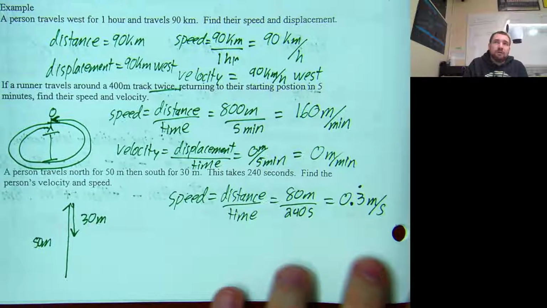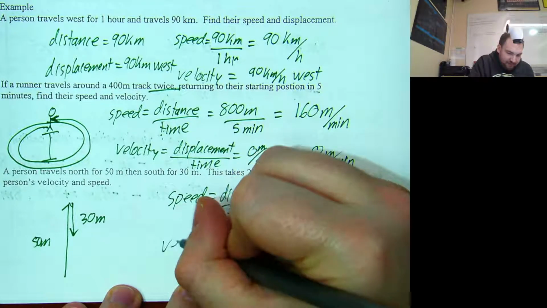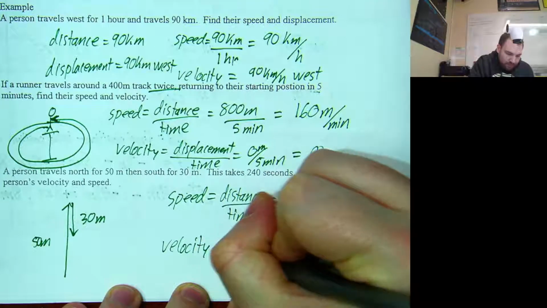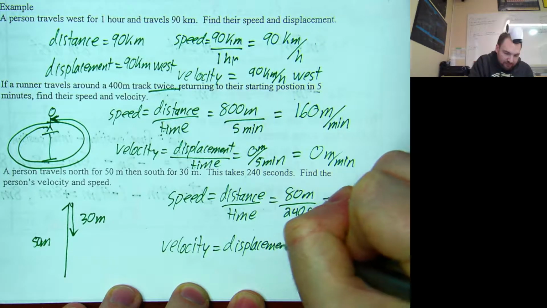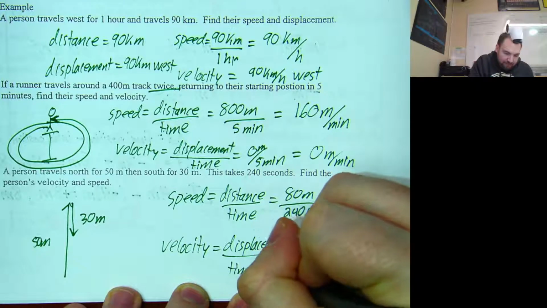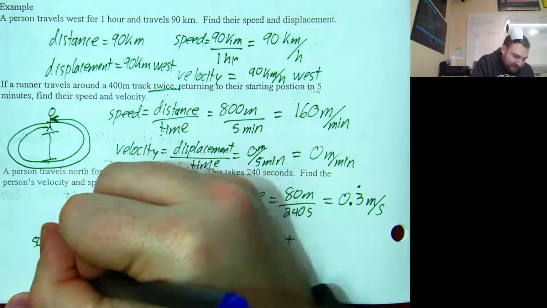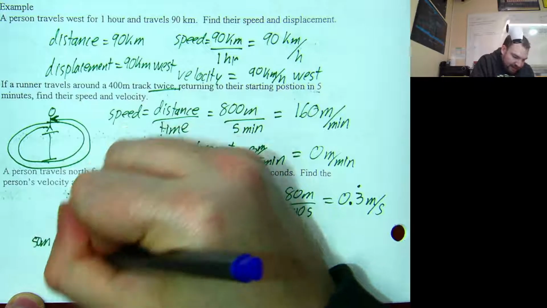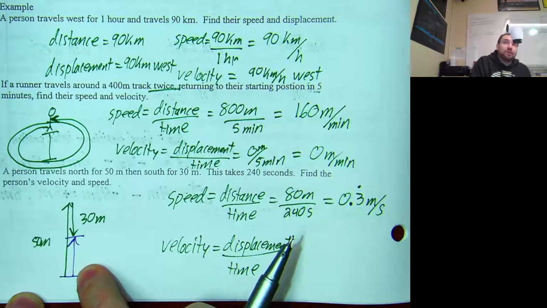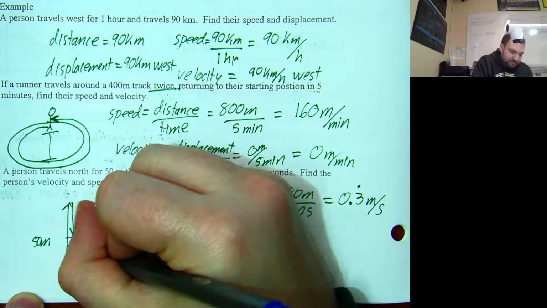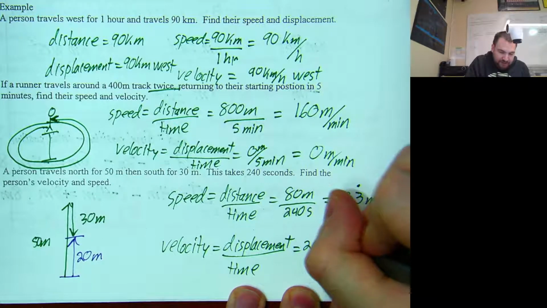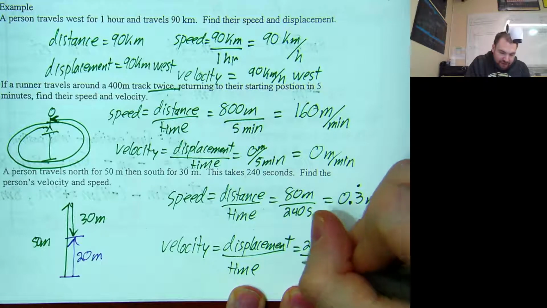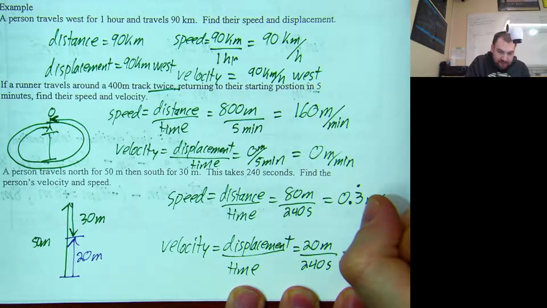Okay, that's cool. How about velocity? Velocity is displacement over time. Now this person was displaced. That's where they started. This is where they ended. This is 20 meters. So the displacement now is going to be 20 meters divided by 240 seconds.